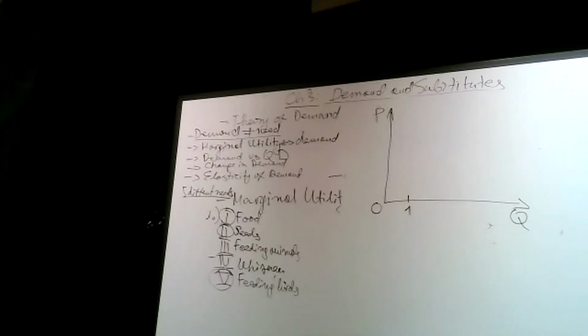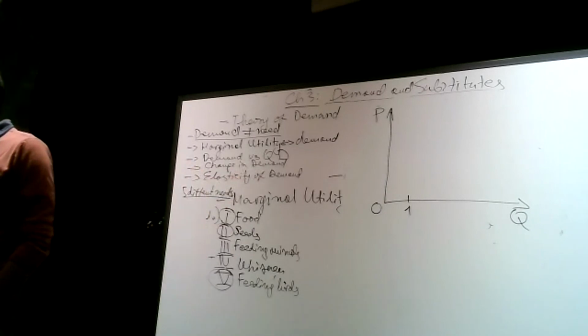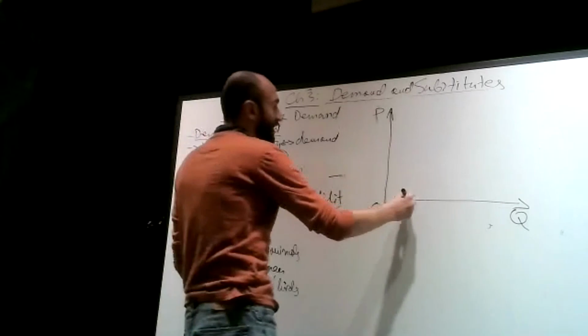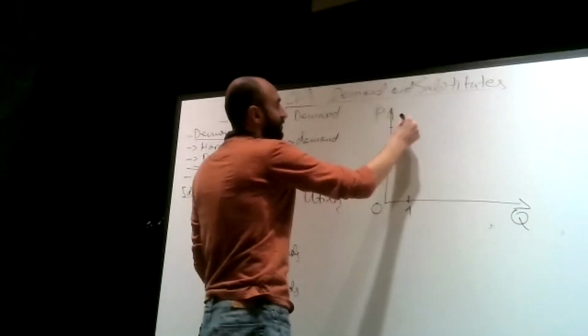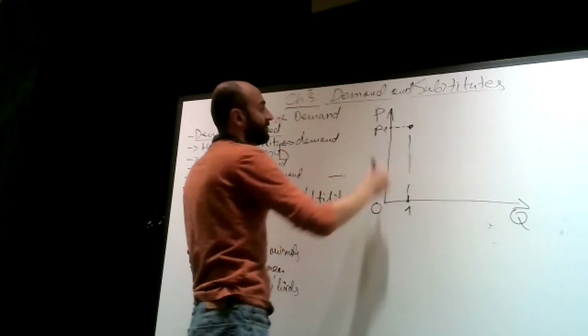And now let's say we arbitrarily assign a certain value, a certain marginal utility, a certain price to that thing. Imagine now that we're not talking about Robinson Crusoe, but about yourself. You are buying a certain quantity of a given good. And let's say the price for the first unit that you are going to pay will be here. Let's say price 1.